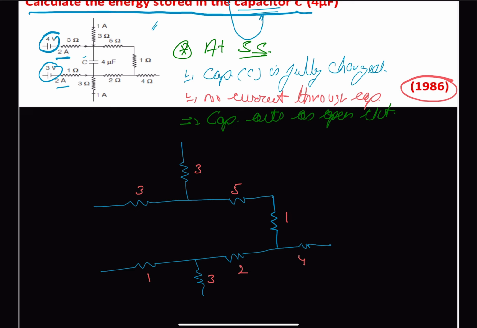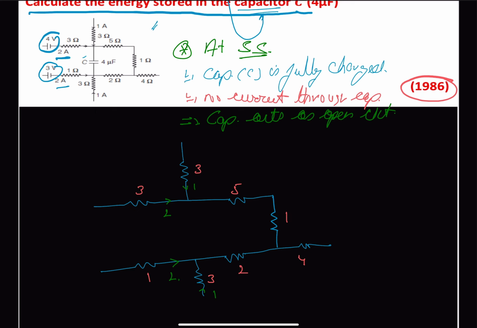And the values of the current given to us are: this is 2 ampere, 1 ampere, and here also 1 ampere, and this is 2 amperes.